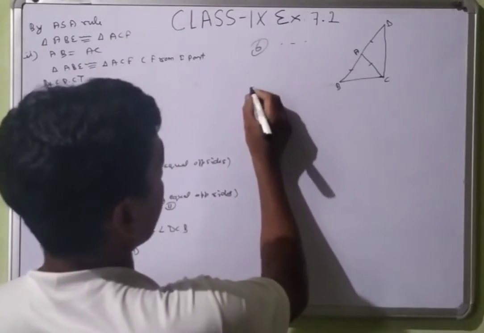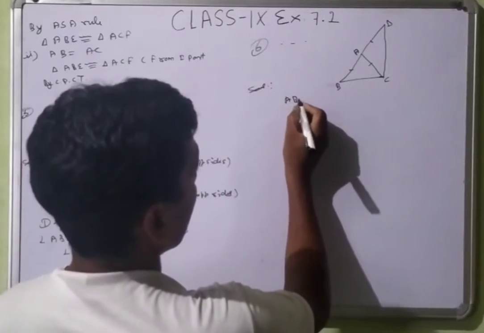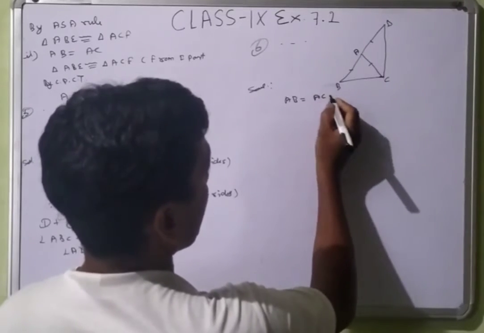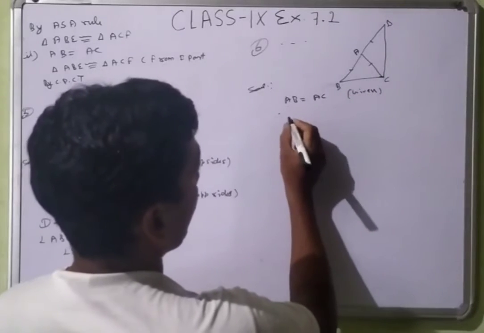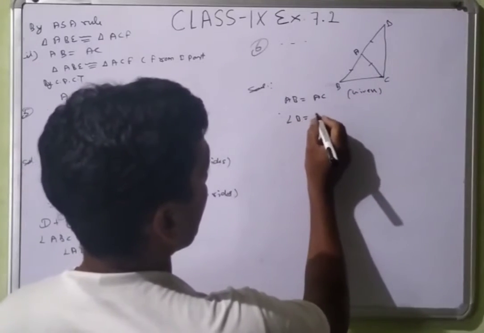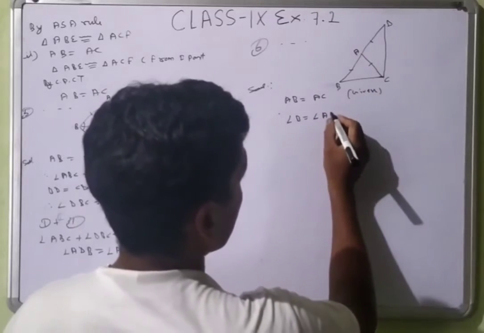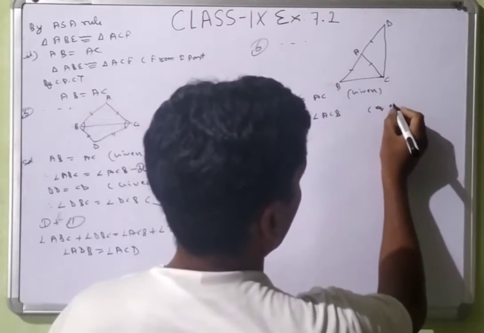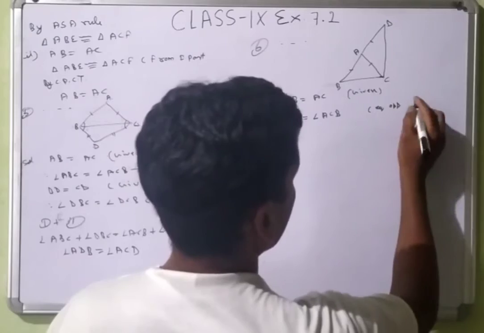So, solution. AB is equal to AC, given. So angle B is equal to angle ACB by equal opposite sides.